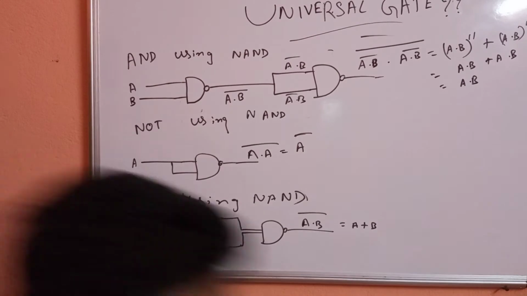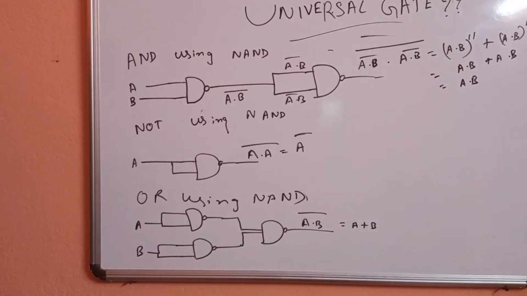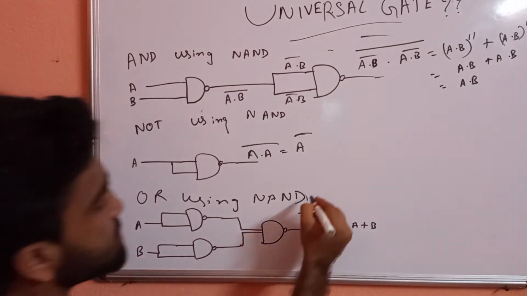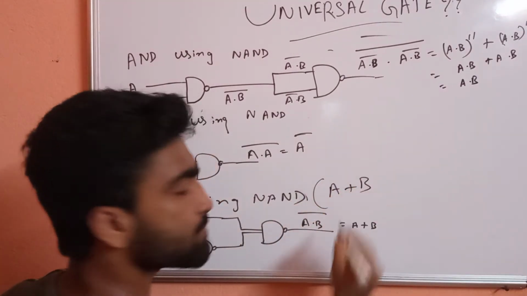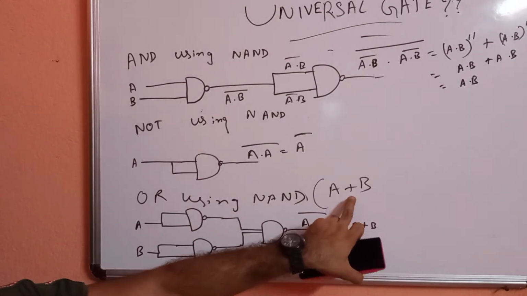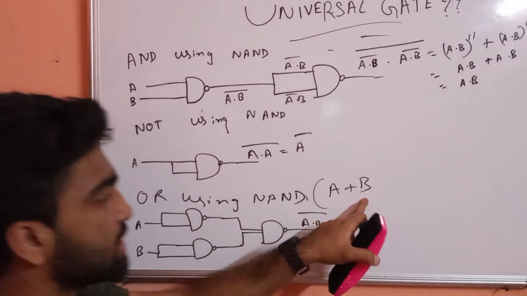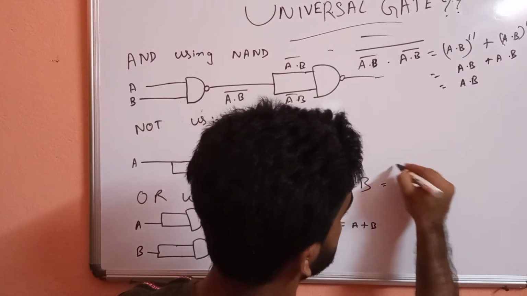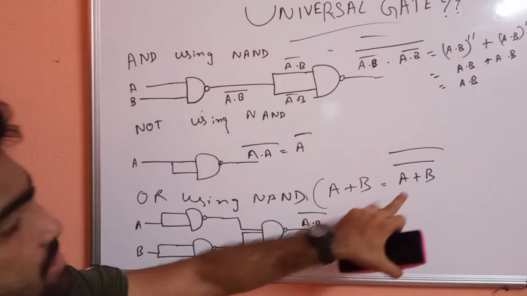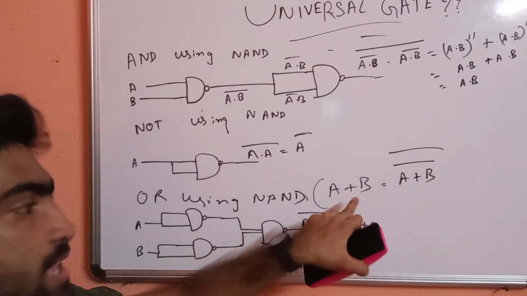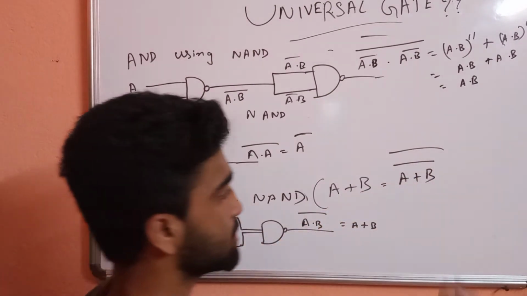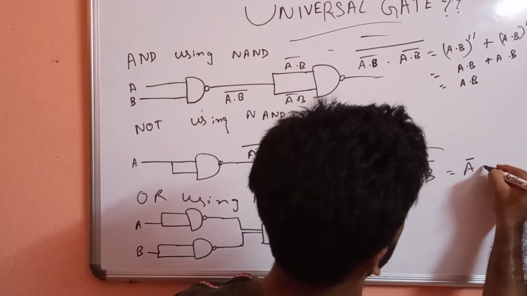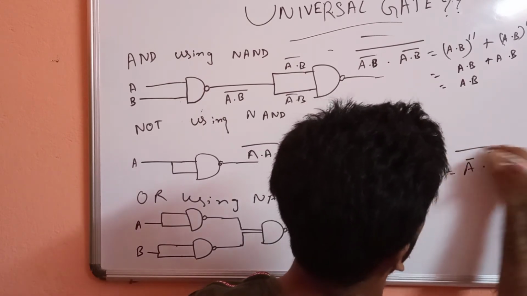To understand this, first we have to clear one thing. We want to do OR, that means we want A plus B, the output should be A plus B. To get A plus B, we take the double complement, and A plus B double complement means A plus B. So we can write this as (A bar dot B bar) whole bar.